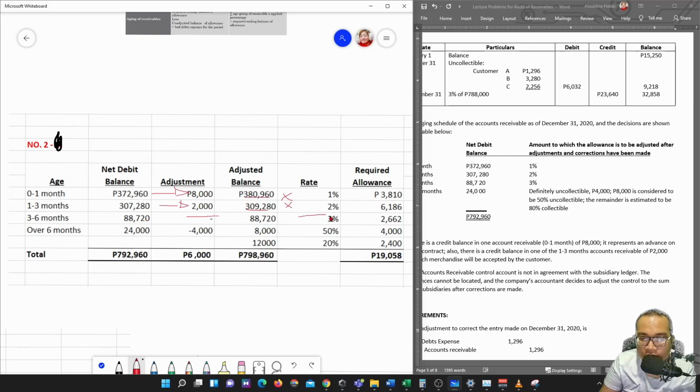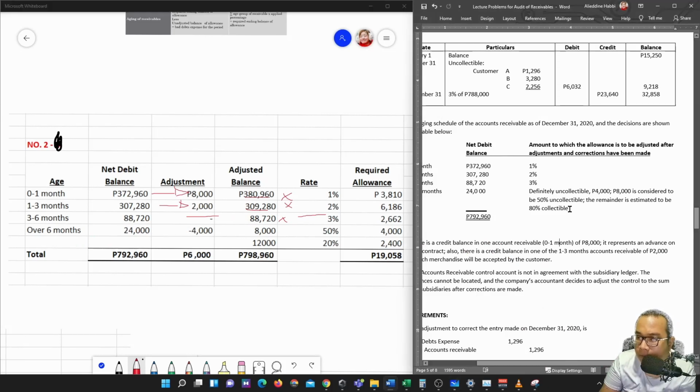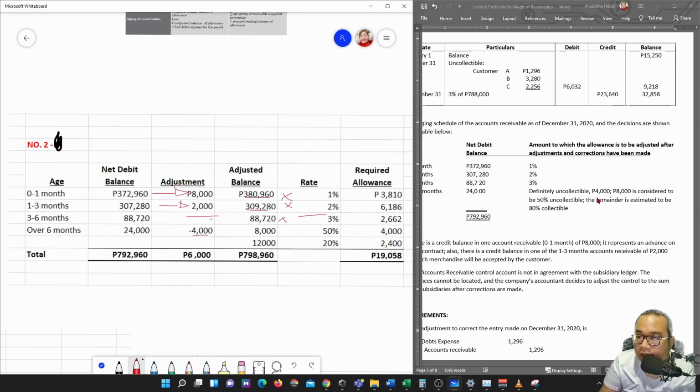So, continue yan. Ngayon, dito sa over 6 months, may additional details tayo. Definitely uncollectible, 4,000. So, tanggalin mo yan. Then, yung 8,000 dyan, 50% uncollectible.